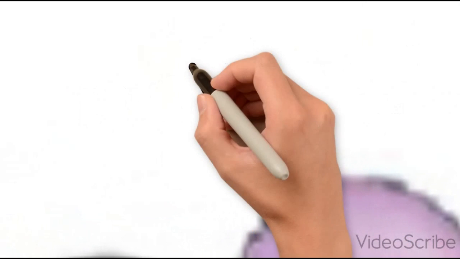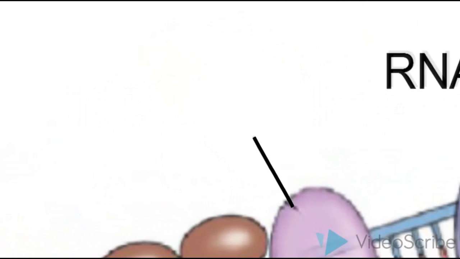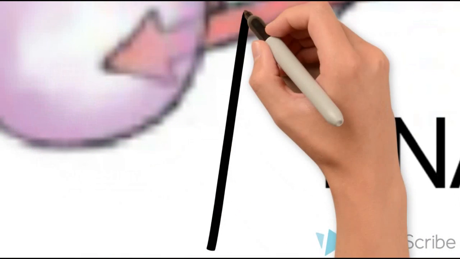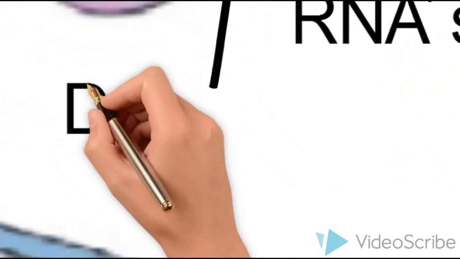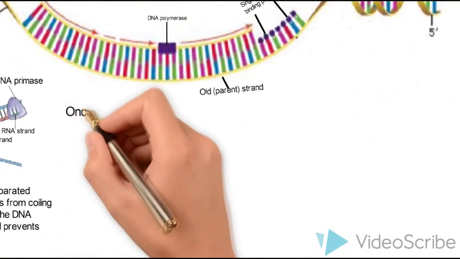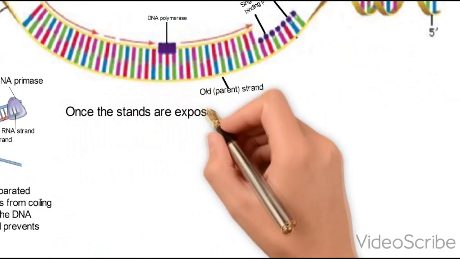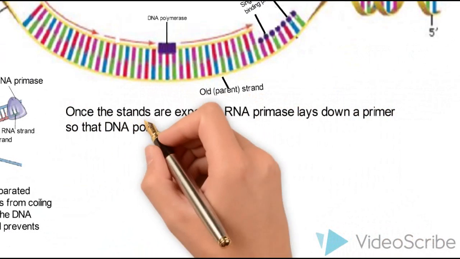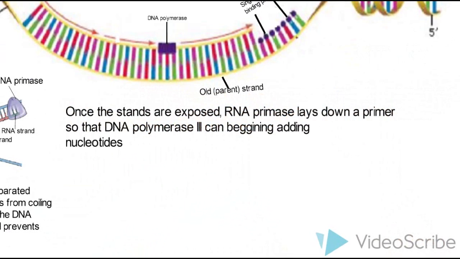After that, we take DNA polymerase. It gives the DNA strand. Once the strands are exposed, RNA primase lays down a primer, allowing DNA polymerase III to add nucleotides.